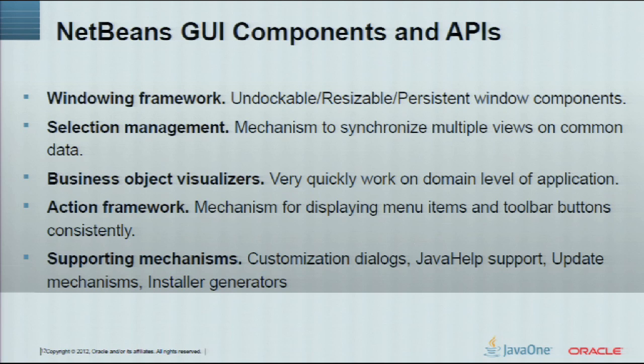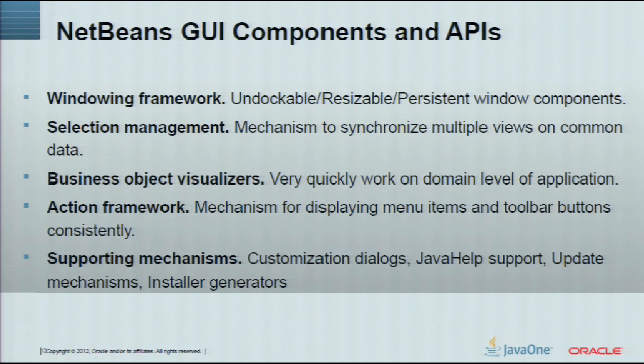There's the JIDE docking framework, and there's various other existing windowing frameworks. But typically what these provide is only a windowing framework, whereas in the case of the NetBeans platform, you have a windowing framework plus the core runtime with this module system, the file system, and the low-level service architecture. So you get a whole bunch of other things in addition to the windowing framework.